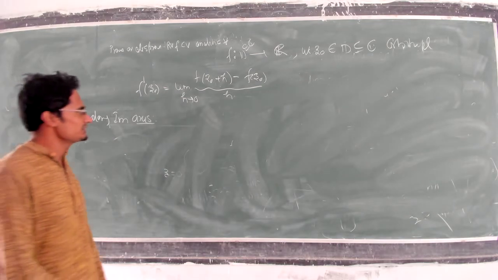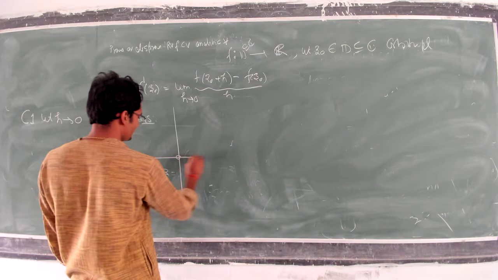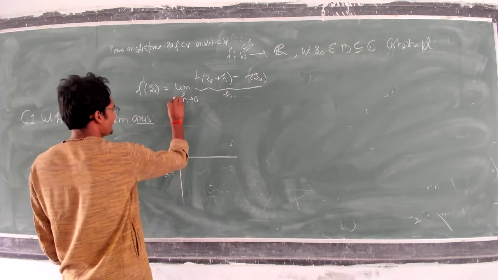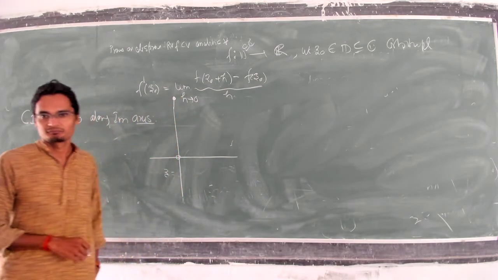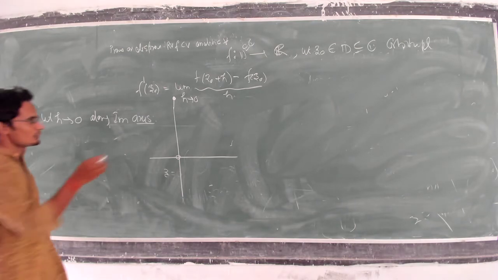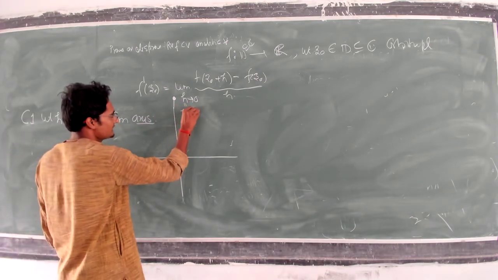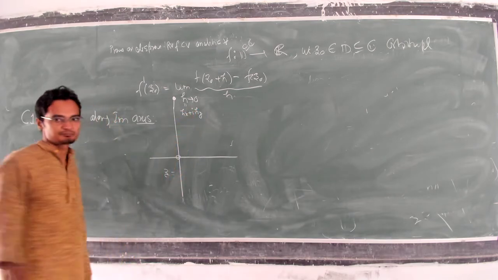What is the meaning of the imaginary axis? Meaning that this is the 0, our h is here, suppose this is the h. H is a complex number, so like z is equal to x plus iota y, I can write h is equal to hx plus iota hy. Is there any problem to anybody?